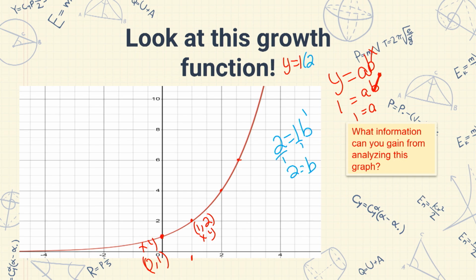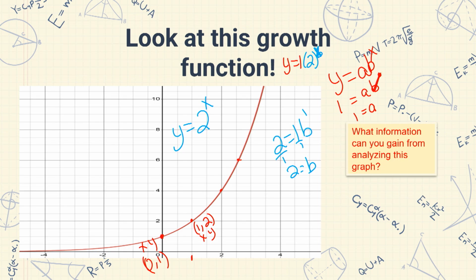So I can say y equals 1 times 2 to the x, not to the b, but to the x. Good catch, guys. So for my parent function, I could say that this is y equals 2 to the x. Ms. Killen, you left that 1 off. Yes, I did, because what do I know about multiplying by 1? You just get the number itself, so you don't necessarily have to put that 1.